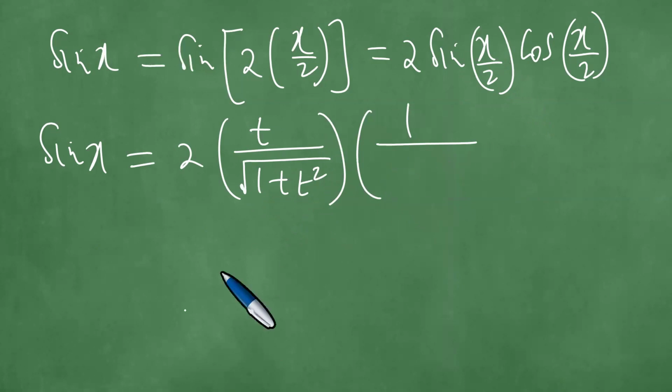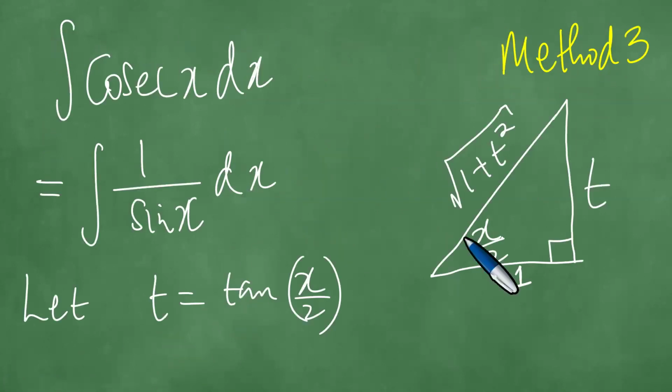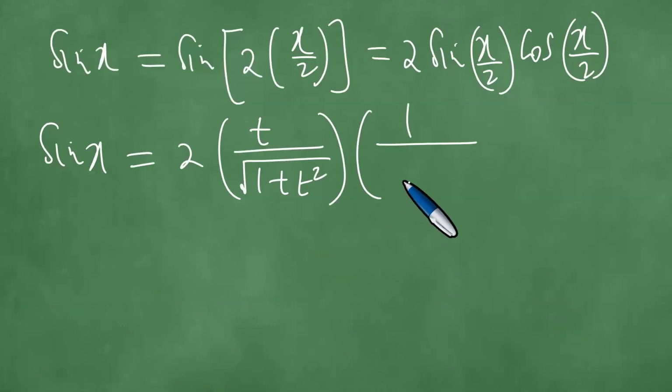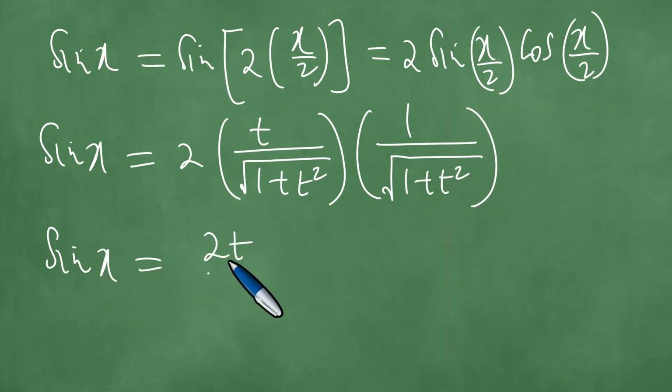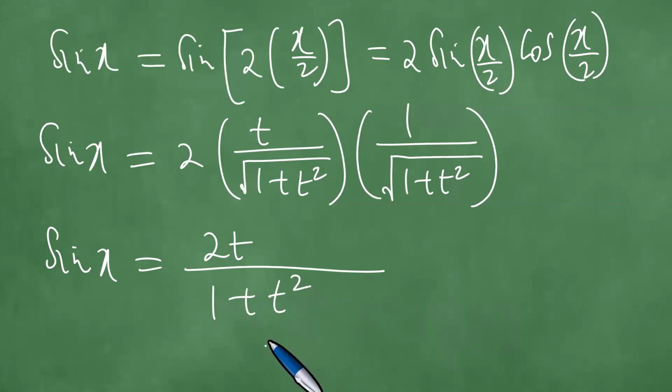The cosine of x over 2 is adjacent over hypotenuse, which is 1 over the square root of 1 plus t squared. So you have the sine of x, which is 2t divided by 1 plus t squared. And so now, we perform the substitution.